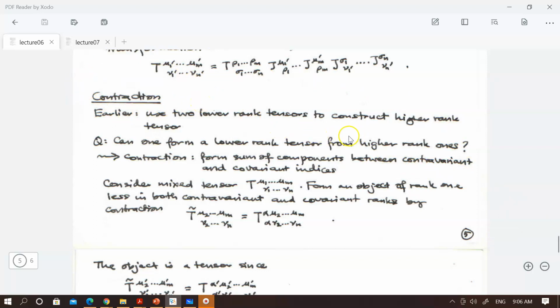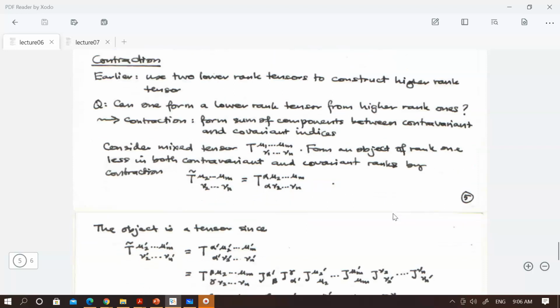Let me mention an example here, because if I talk in general, you will probably not be able to imagine it. Consider a tensor of contravariant rank m and covariant rank n.